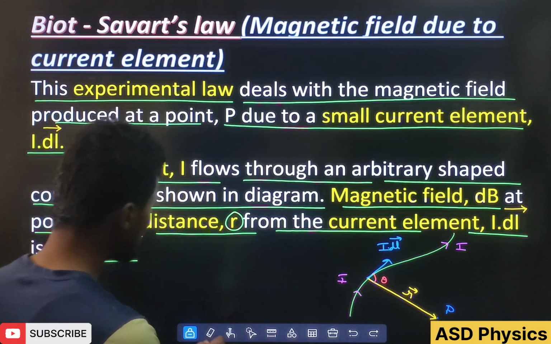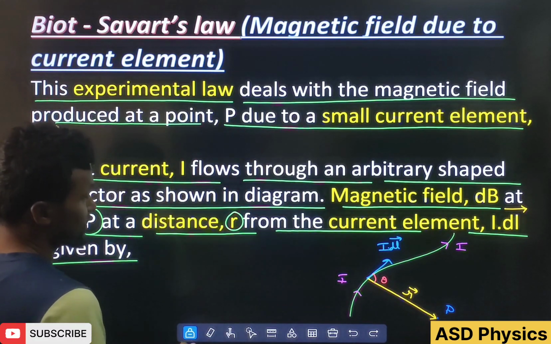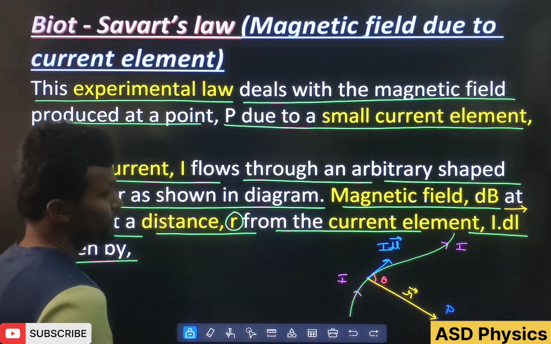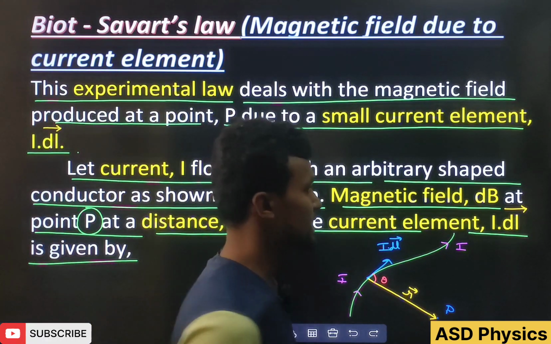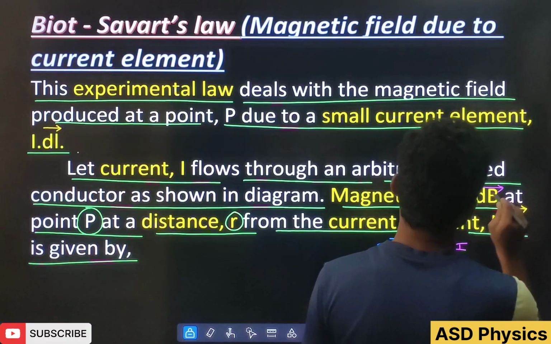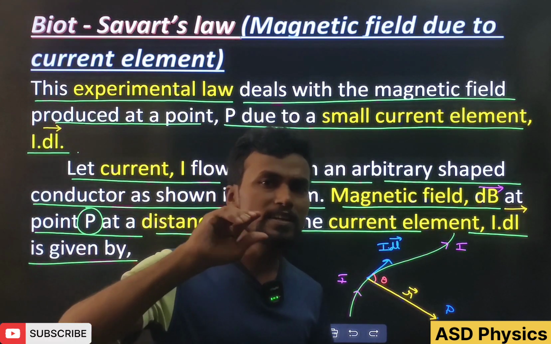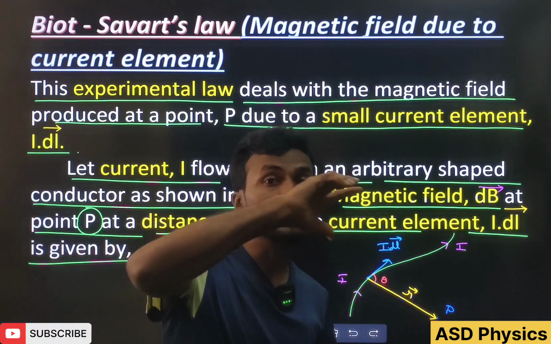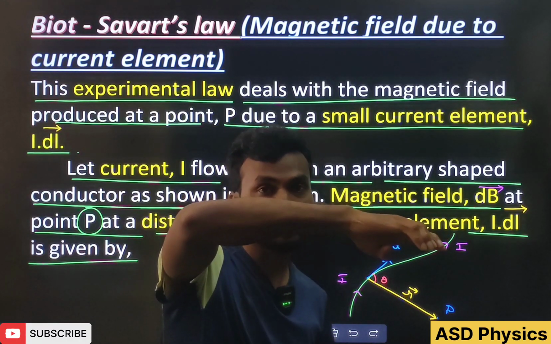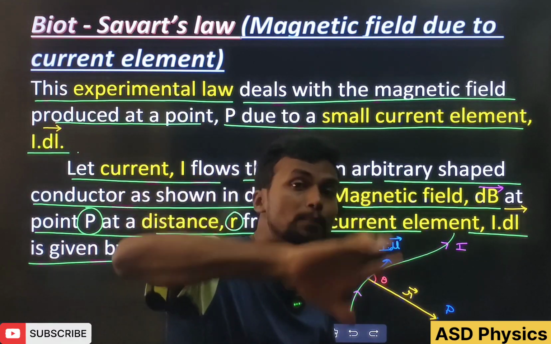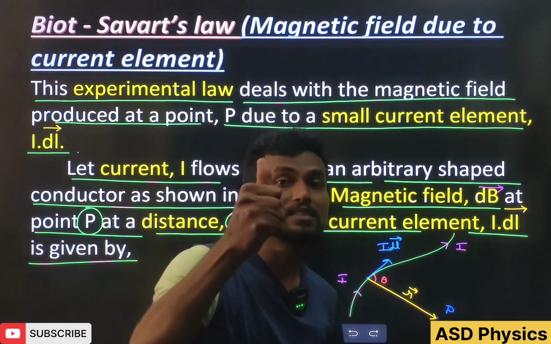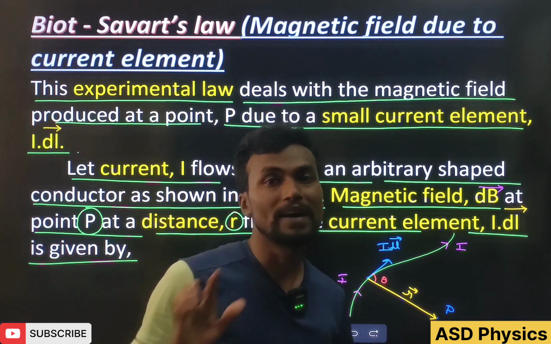Okay, now you know very well magnetic field is a vector quantity, that means it will have some direction also. And how to get the direction? Very simple. Always curl all the fingers of your right hand along the direction of the current, palm towards the observation point, then the thumb will indicate the direction of the magnetic field.